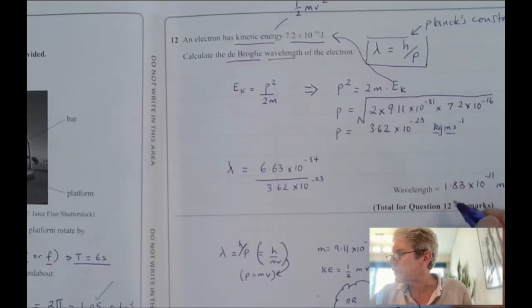Now if you think about it, this is a very small wavelength. The size of an atom is 10 to the minus 10 meters, so you can see that it's smaller than an atom.